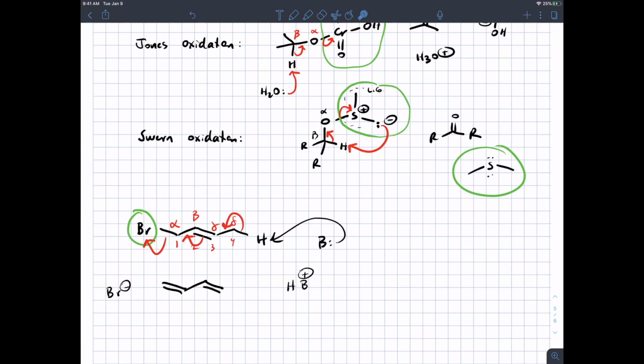And this highlights a concept called vinylogy in organic chemistry.